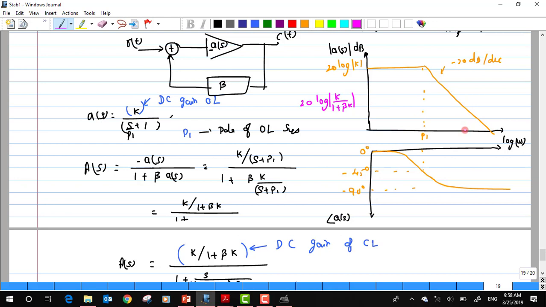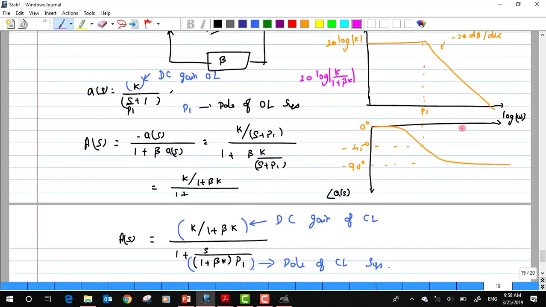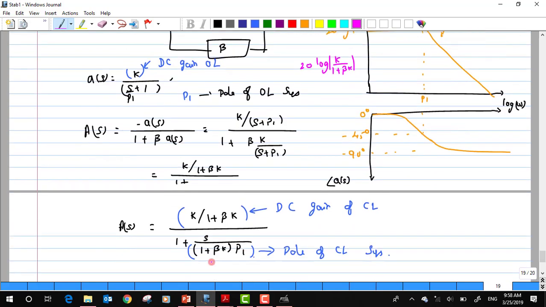And where is my pole? The pole of my closed loop system. What is the value of it? This is the location, right? So it has actually been pushed somewhere over here, and the new value of this pole is shifted here.